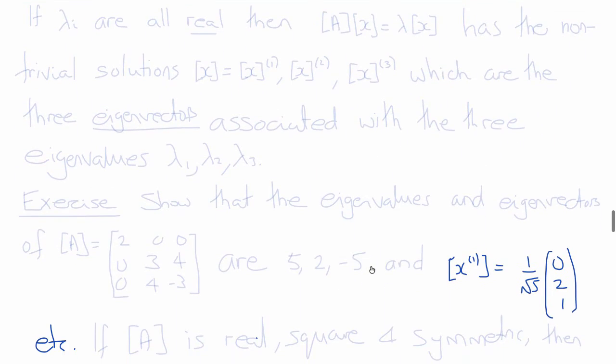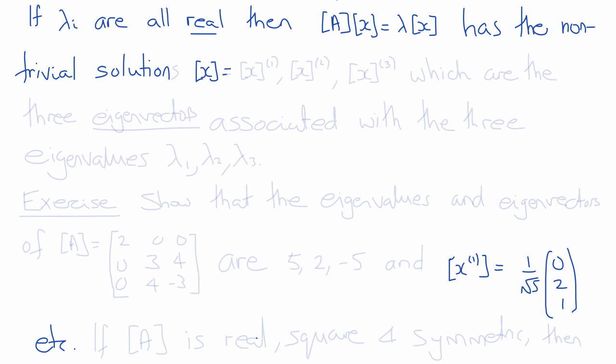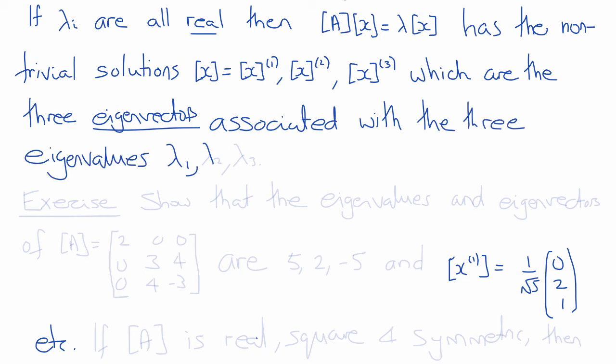Now, if all the eigenvalues are real, then our original equation, Ax equals lambda x, has non-trivial solutions x1, x2, and x3, and those, of course, are the eigenvectors associated with the 3 eigenvalues lambda 1, lambda 2, and lambda 3.